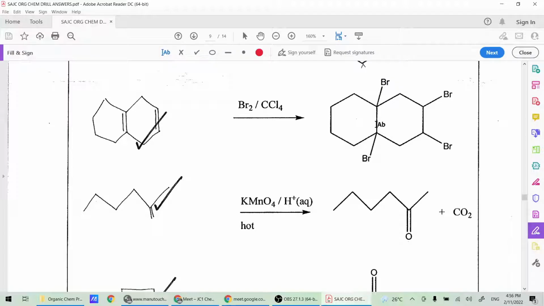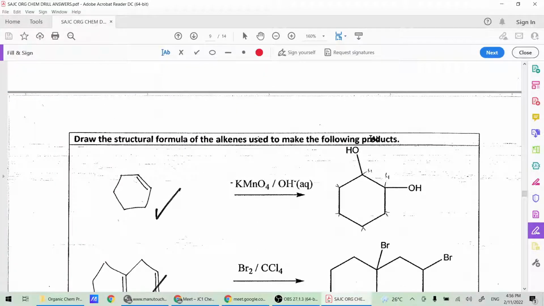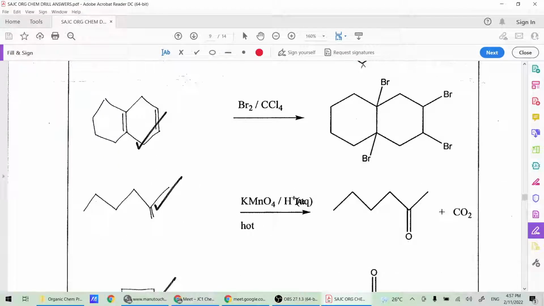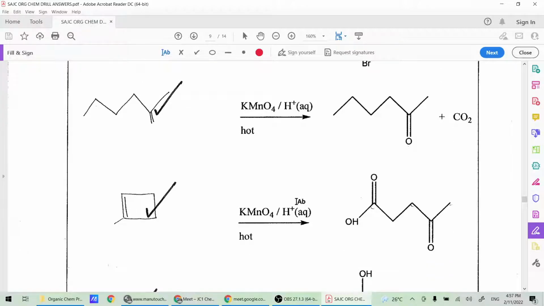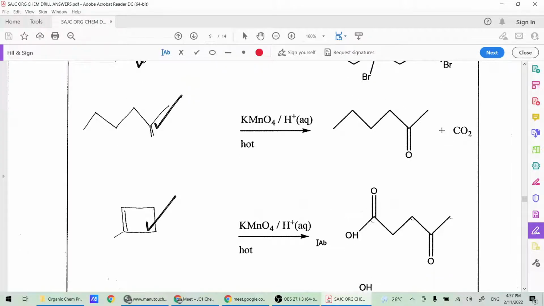Sorry, for the previous part, it's the same story. Well, this is the mild oxidation, right? So again, adjacent OH, we will add a double bond. For this product to happen, we will have an alkene where the double bond is.